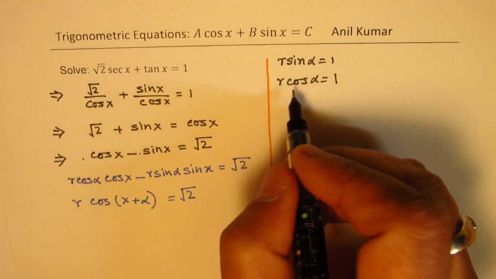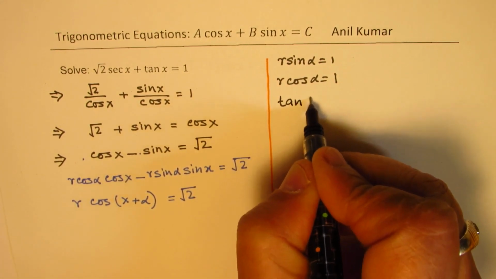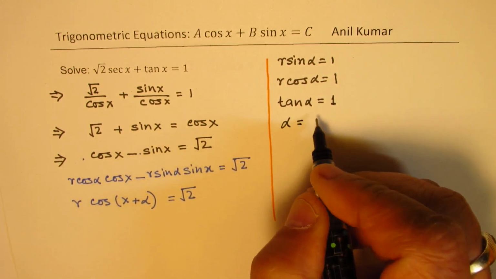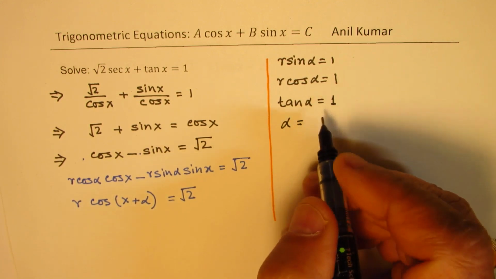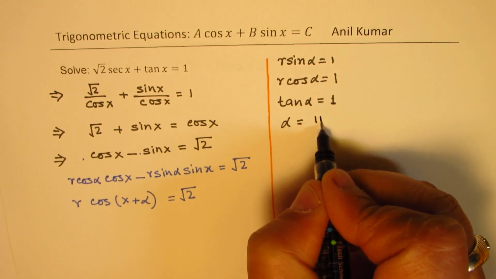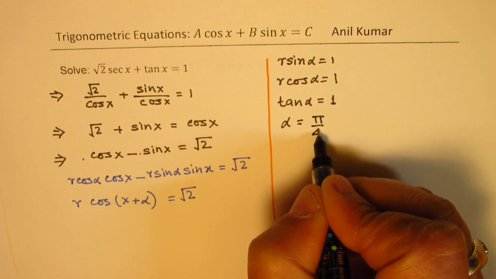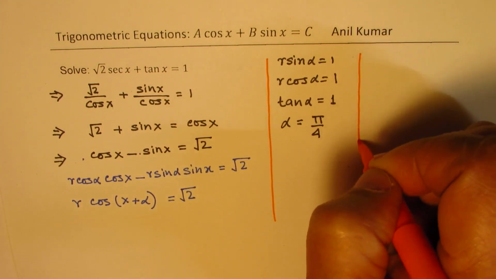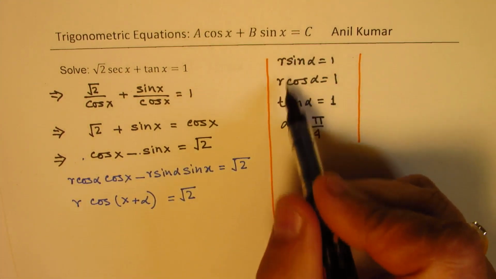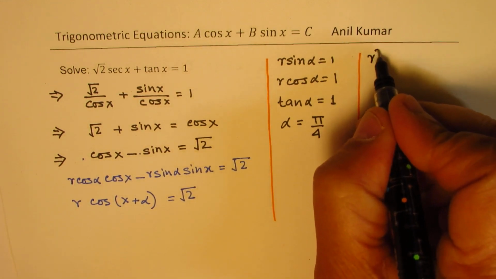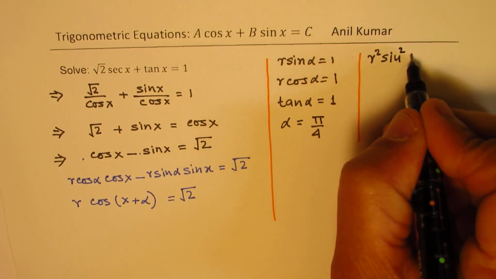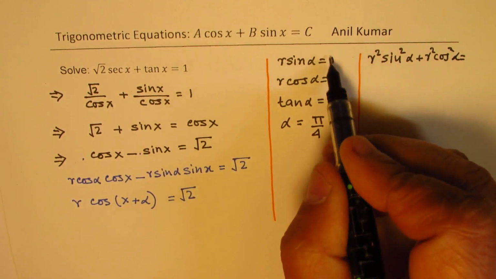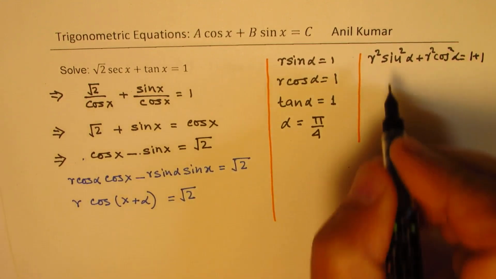Now, the ratio of these two will give us tan alpha, which is 1, and that means alpha is equal to pi by 4. Right? So we get this alpha is pi by 4. Second thing about this substitution is that the value of r, if we add the squares of these terms, we get r square sine square alpha plus r square cos square alpha equals, add them, 1 plus 1, which is 2, right?